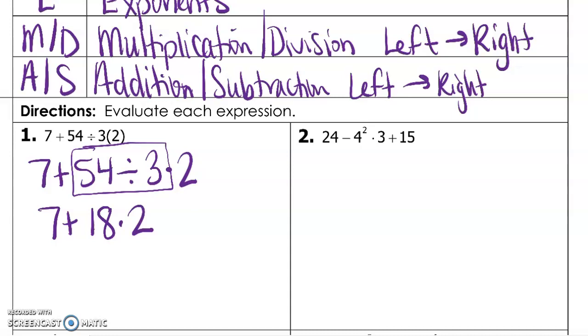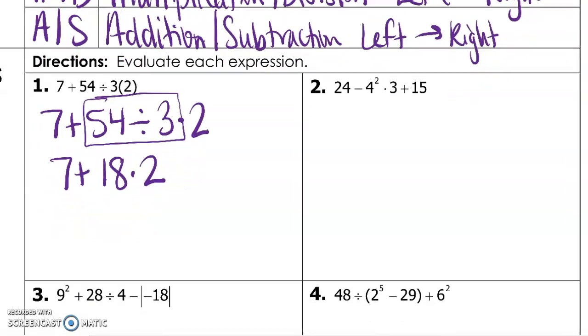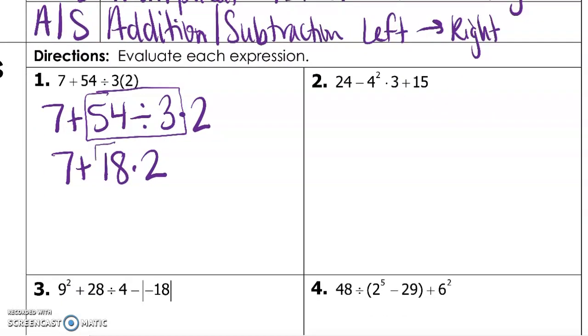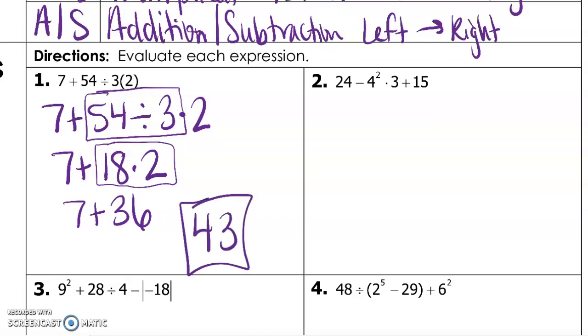Now again, a lot of people think we need to do 7 plus 18, but no, multiplication comes first. So now we need to do 18 times 2, which is 36. So 7 plus 36 gives us 43 as our final answer. So again, make sure you're working left to right, especially with that multiplication and division.